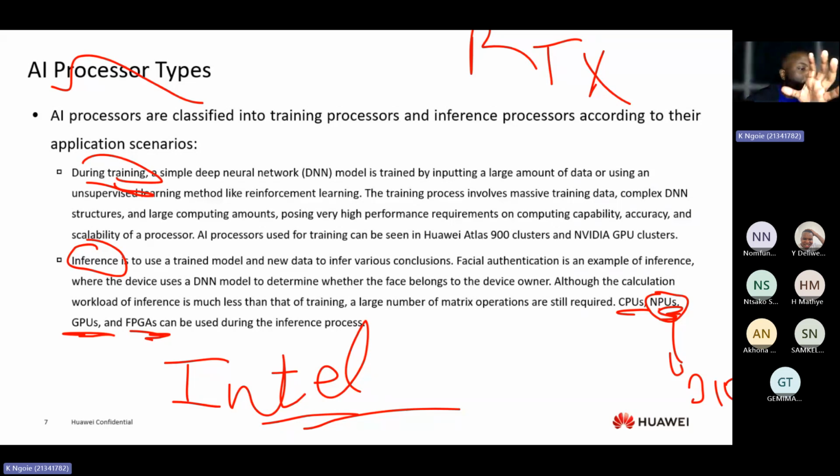There are many of these AI types of processors, but they will all depend on what you're trying to do. Some AI processors work better in inference. Some work better in training only.